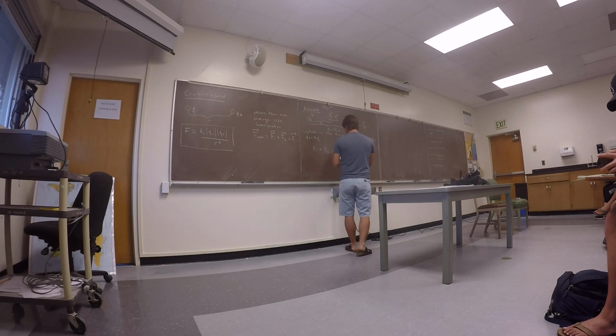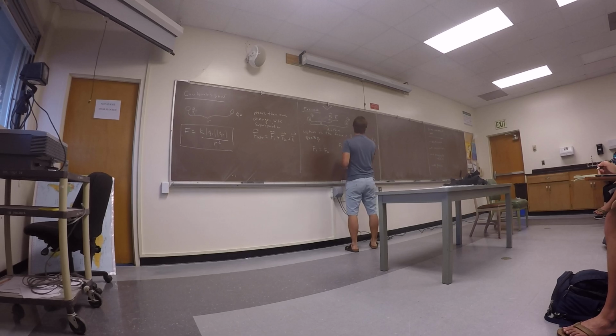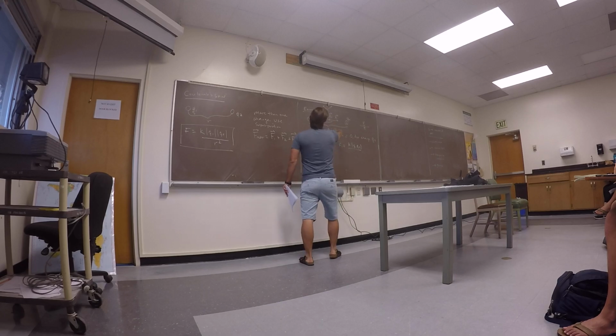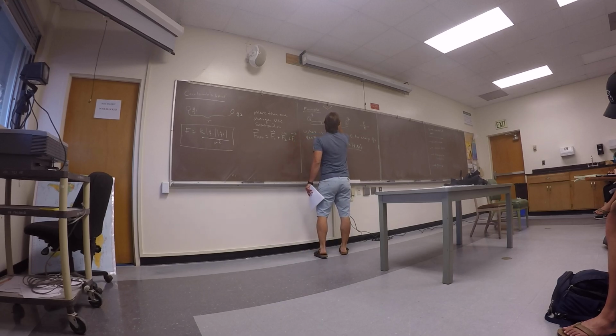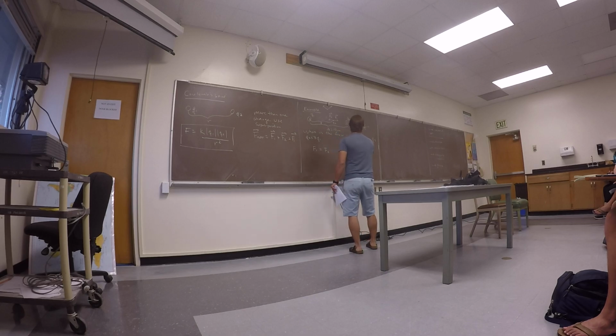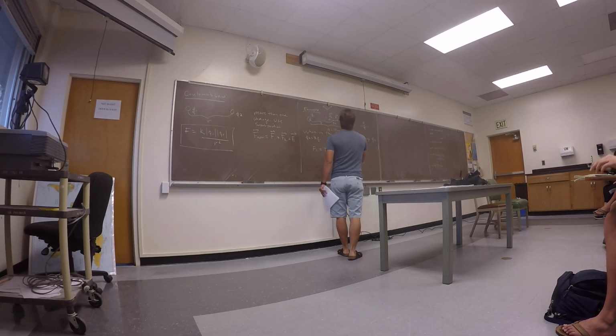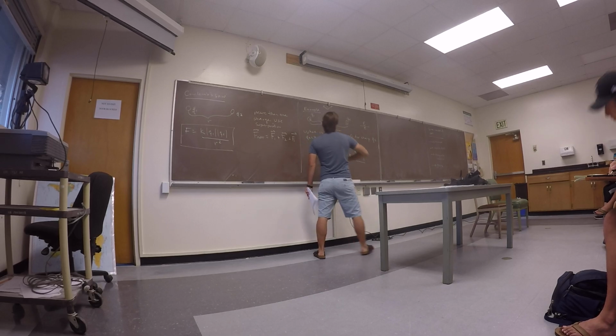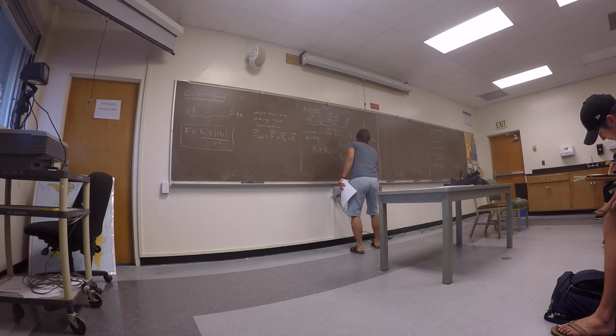F1 is going to be K times Q1 times Q3 divided by the distance between Q1 and our particle Q3 right here, so that's over x squared. F2 is going to be K times Q2 times Q3 over this distance right here, which is (D minus x) squared.